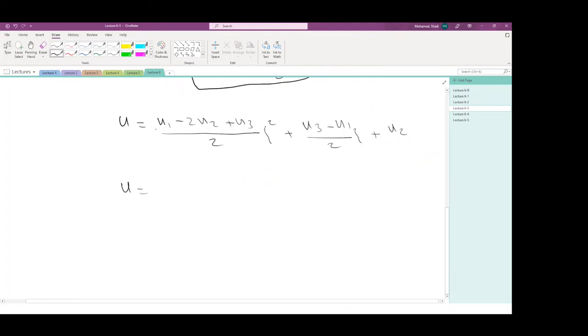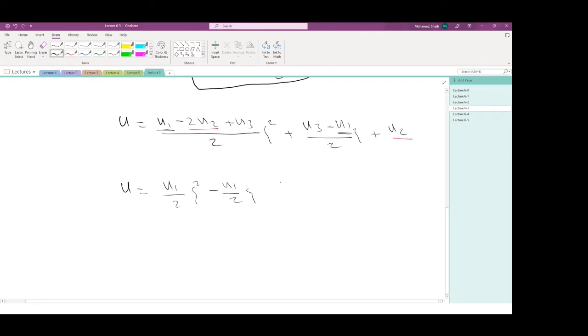U is equal to, first I have everything to do with U1, so this is U1 and this is U1. I have U1 divided by 2 multiplied by xi squared, and then minus U1 divided by 2 multiplied by xi. Then I need to take everything to do with U2, so this is to do with U2, and this is to do with U2.